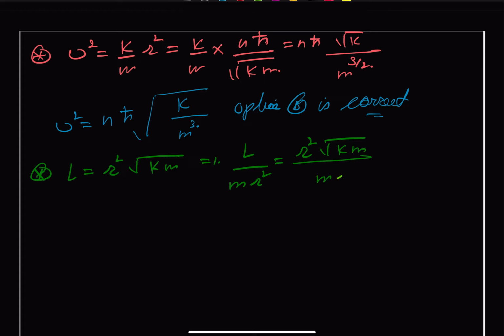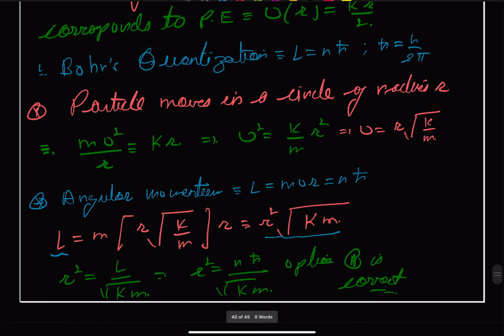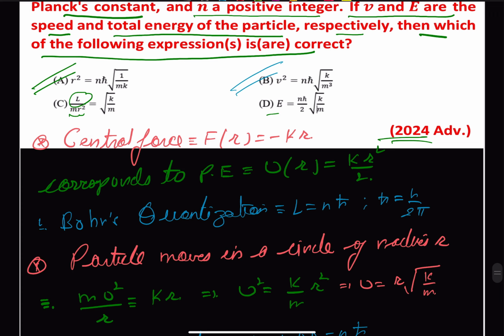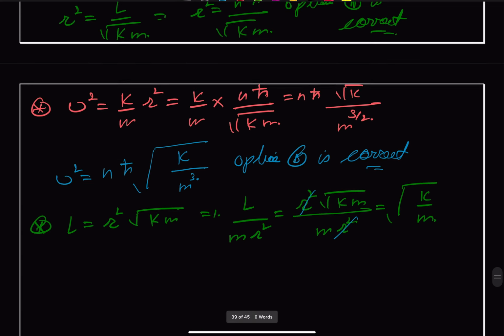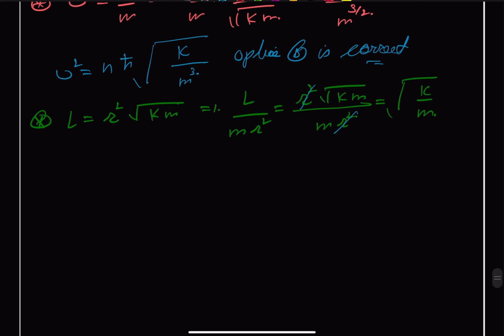Multiplying both sides by mr², L upon mr² is equal to the square root of k upon m, since r² and r² cancel out and we take m inside the bracket. So option C is also correct.